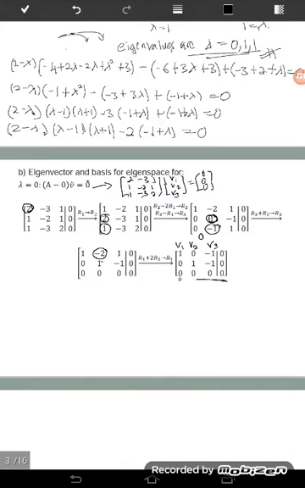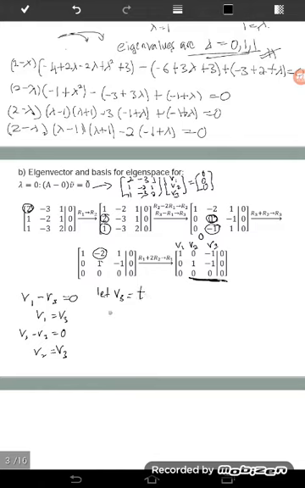Okay, so from this matrix, so we have v1 minus v3 equal to 0, and v1 is equal to v3. And then from the second row, so we have v2 minus v3 equal to 0, and v2 is equal to v3. Okay, so yang ada leading 1 hanya v1 dan v2. Okay, so v3 there is no leading 1, so therefore v3 is free variable. Okay, so for the free variable, we let v3 equal to any variable, let's say t lah.